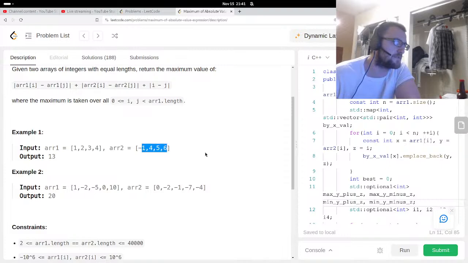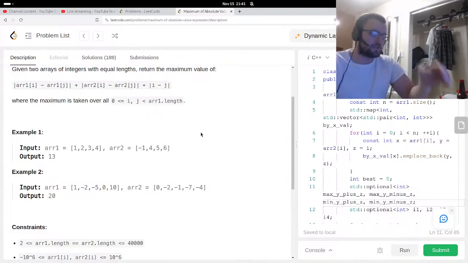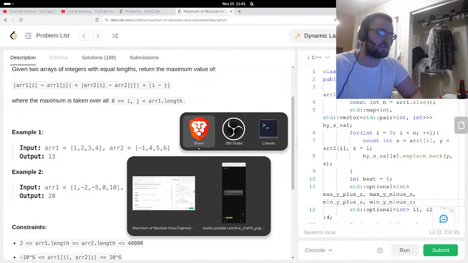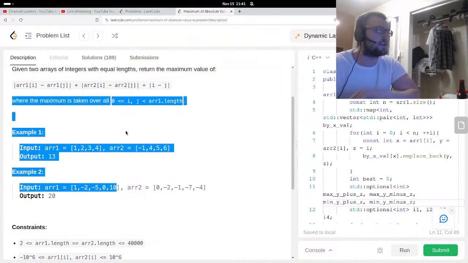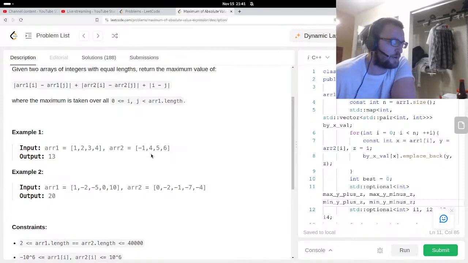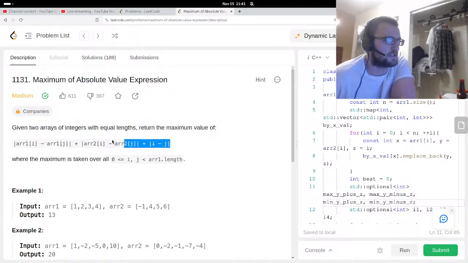1, 2, 3, right? So you notice very quickly what they're looking for. It's not a distance per se, but it's a sort of type of distance, basically a modified distance function.